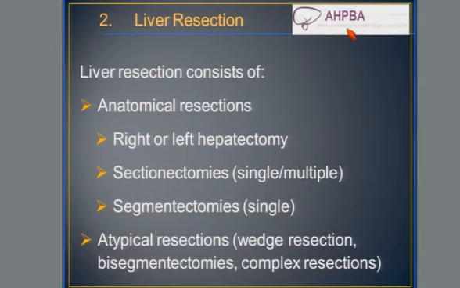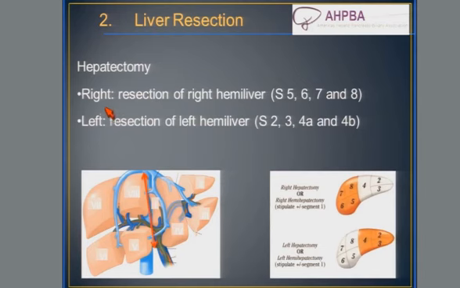This is a nomenclature that has been developed by the American Hepato-Pancreato-Biliary Association, and I think it's very important to know this nomenclature and description, because the radiologist and the surgeon have to speak the same language. When you talk about right hepatectomy, you perform a resection of the right hemiliver, that is segments 5, 6, 7, and 8.